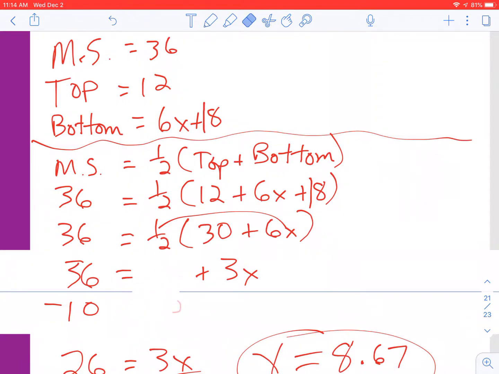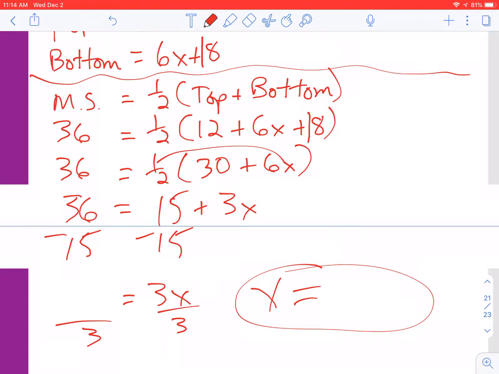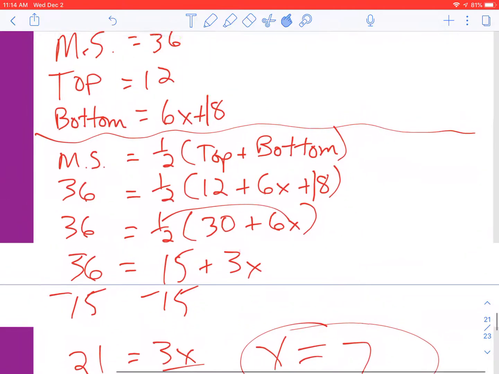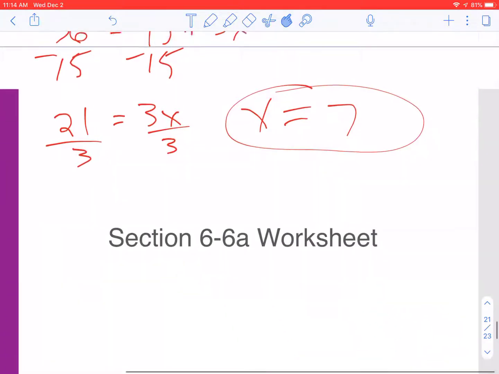This becomes a 15, minus 15 minus 15. This becomes a 21 and x equals 7. Okay, it is not a decimal. Hopefully you guys stayed around long enough to see my error. I didn't copy the problem down correctly.